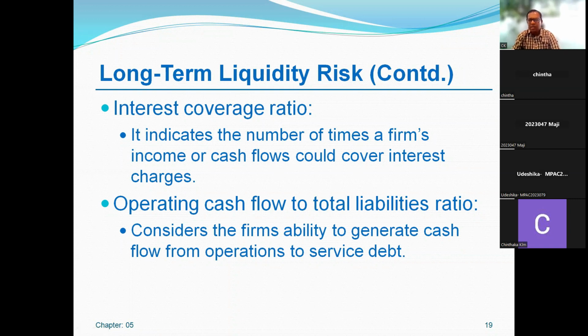That means whether the profit figure is higher than the interest. For example, if your profit is 100 and your interest component is 95, that is a very thin margin. If your profit is 100 and your interest is 25, that means 4 times.